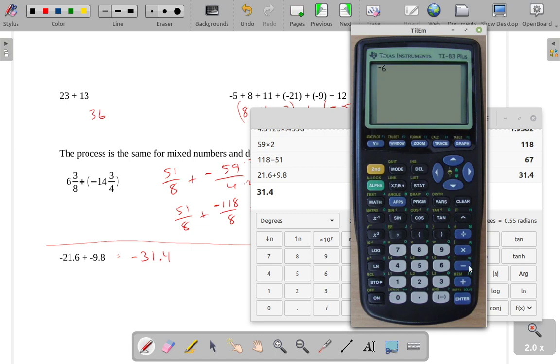And you can see when I type that in, let me do the two of them side by side, you can see they are slightly different characters. The negative is smaller and a little bit higher. The subtraction is a little bit longer and kind of right in the middle. So if I want to say negative 6, I have to do this key and then the 6. Now, depending on your calculator, the TI-36X Pro has basically the same key.